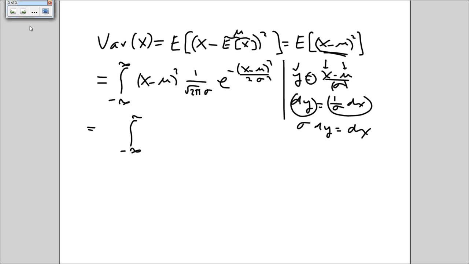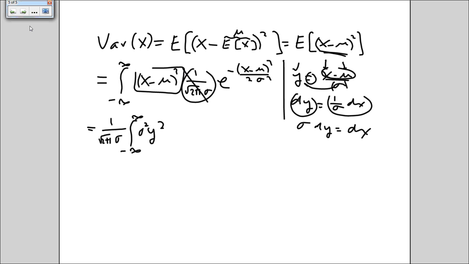Negative infinity to infinity. I will pull out the constant 1 over the square root of 2 pi sigma. So that was pulled out. This here is y squared. Well, actually, that's not true, because sigma y is only x minus mu.